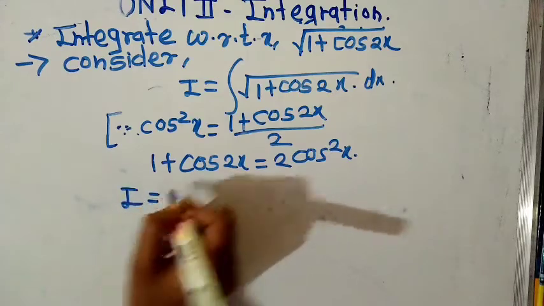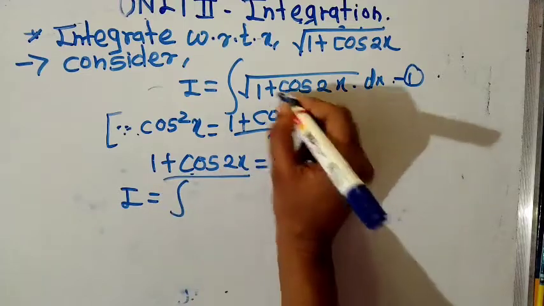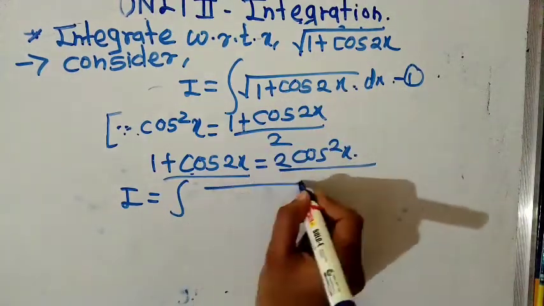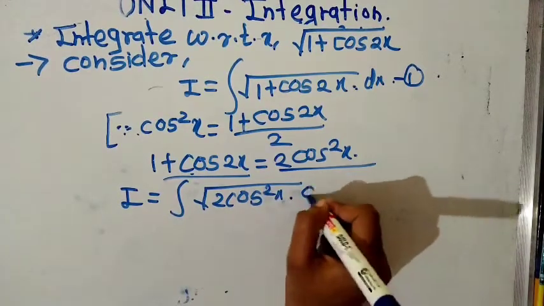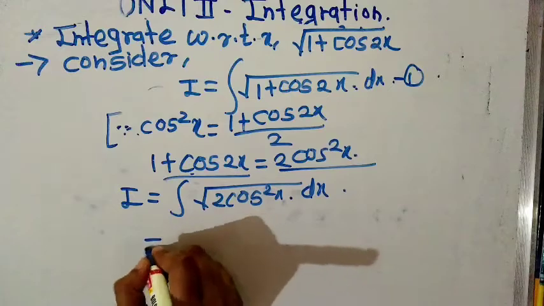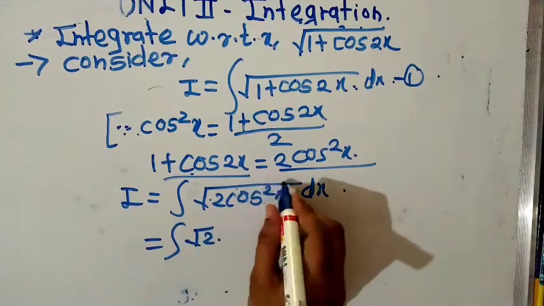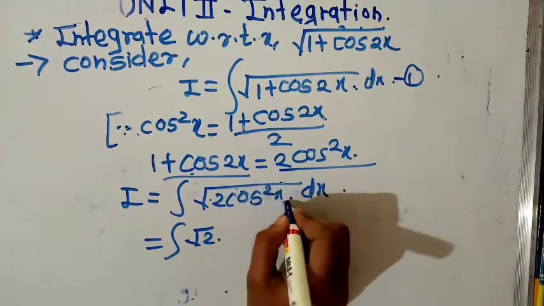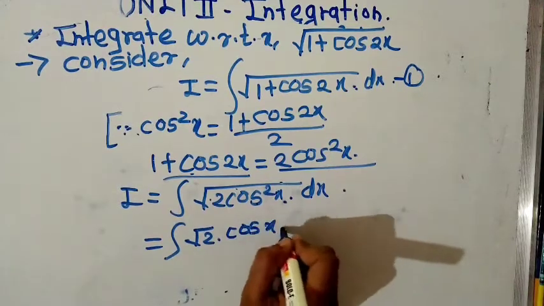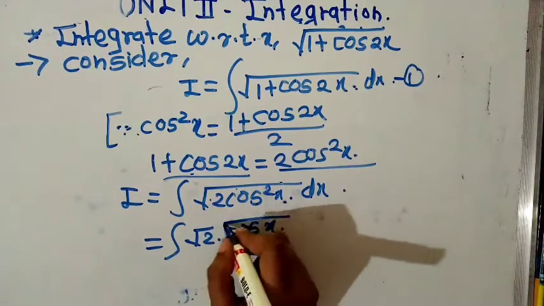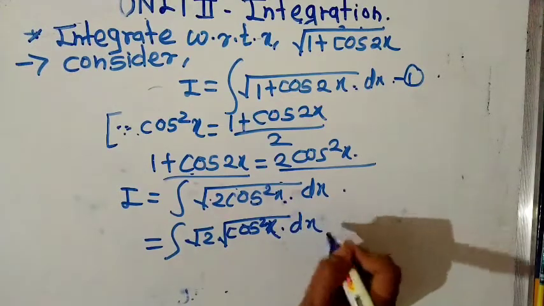So equation 1 becomes integration of root of 1 plus cos 2x, which means root of 2 cos square x into dx. Put in this equation, which is equal to integration of root 2 into square root of cos square x, which is cos x, into dx.